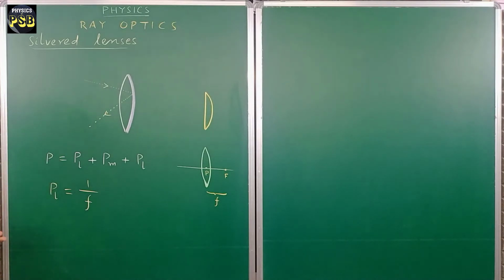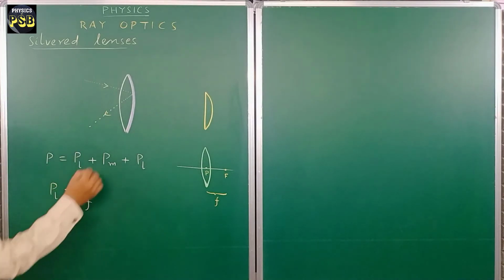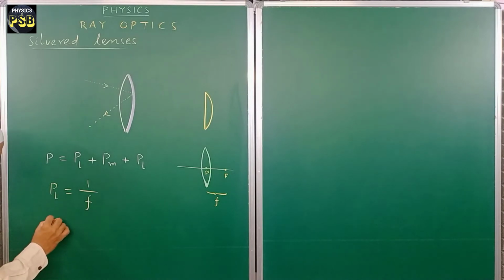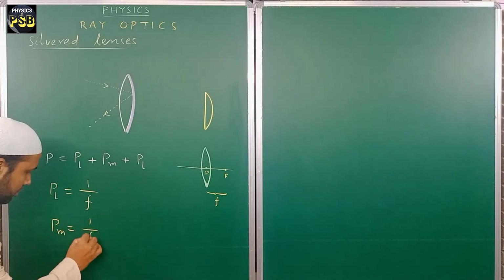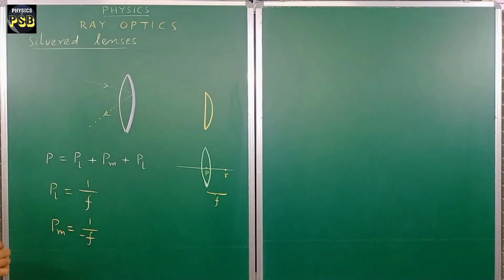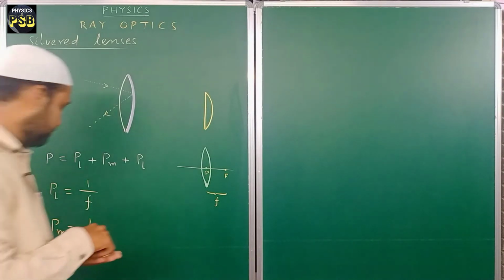Then from this equation, PM value. Here PM stands for power of the mirror. Here power of the mirror is nothing but the reciprocal of the negative of the focal length. So minus sign is used here. By substituting these things in the above equation, see what we get.